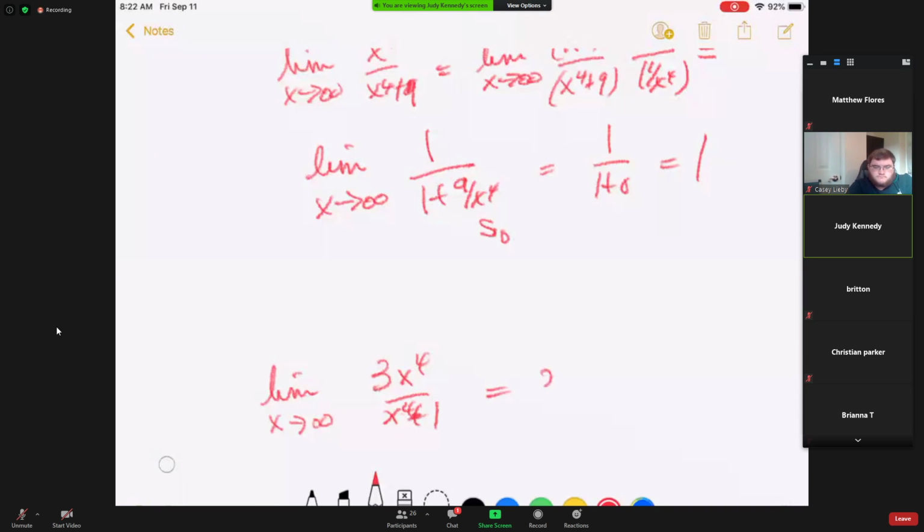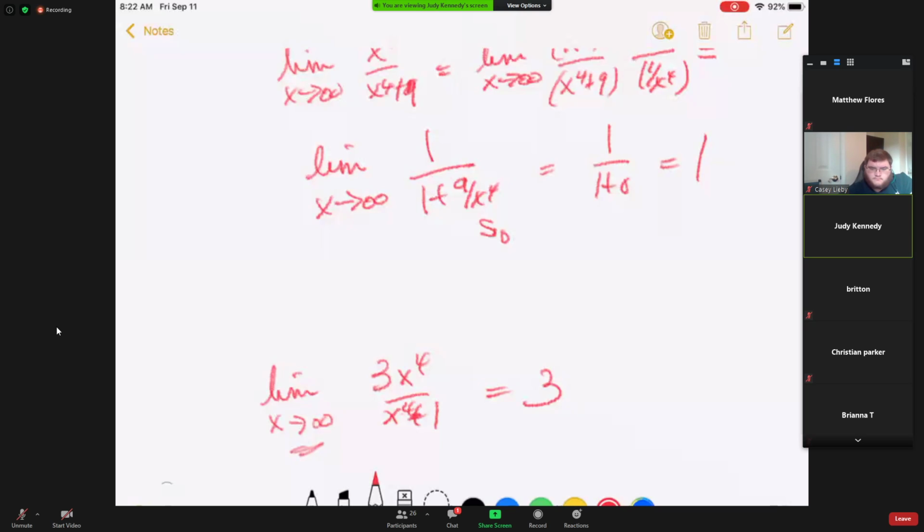That one's going to have a limit of 3. So it can be any number. But if you've got polynomial over polynomial, it is completely determined by the degrees. If the degree of the numerator is equal to the degree of the denominator, you're going to get a limit.